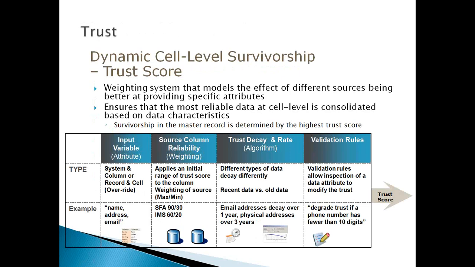So the decay period is what they have to specify, like 1 year for email, 3 years for physical address. What it does is it will reduce your trust value from 90. For example, SFA in this slide has a trust score of 90 and the minimum trust is 30. If I load an email, for example, I have inserted an address with an email ID, then for that email today the trust will be highest because I have loaded it today, so the trust will be 90.